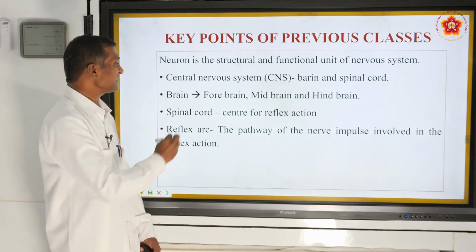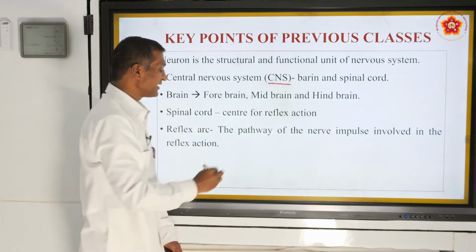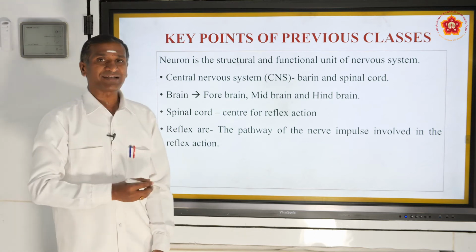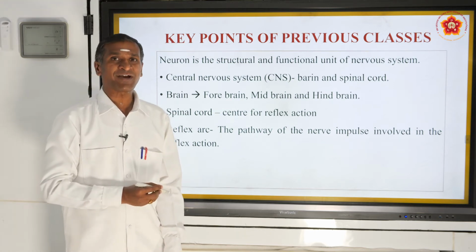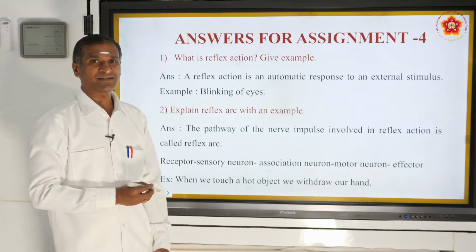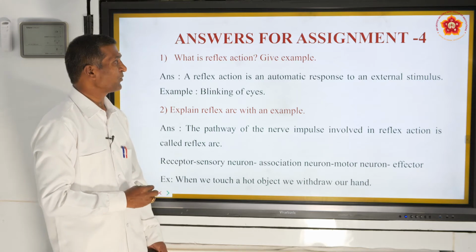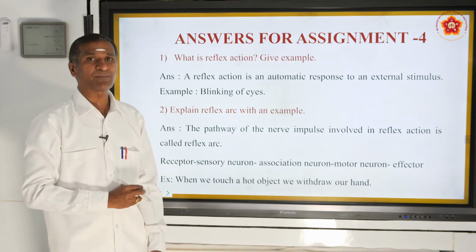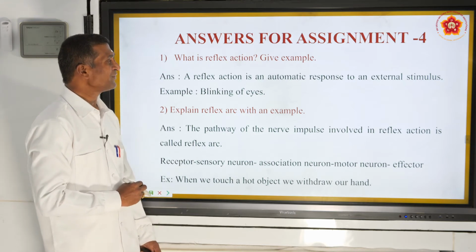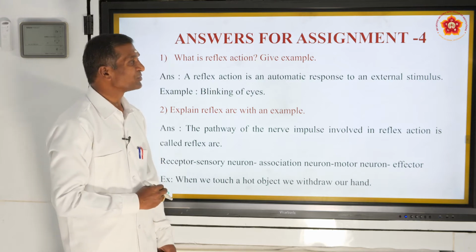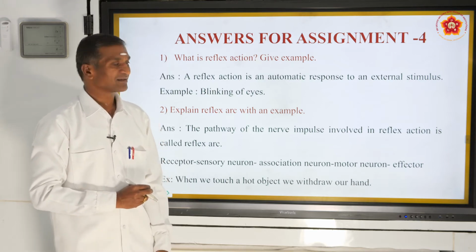After completing the CNS, let us once again verify the assignment 4. Answers for the assignment 4. What is reflex action? Give example. A reflex action is an automatic response to an external stimulus.